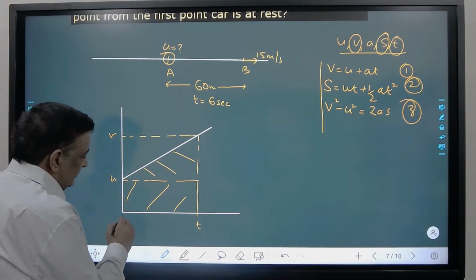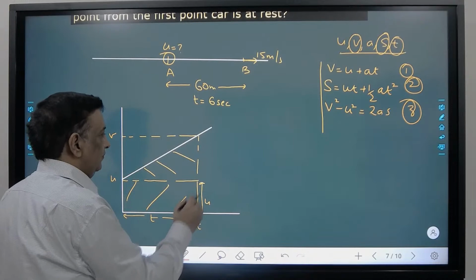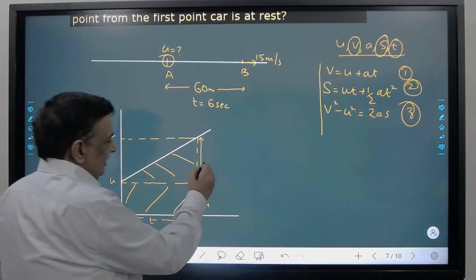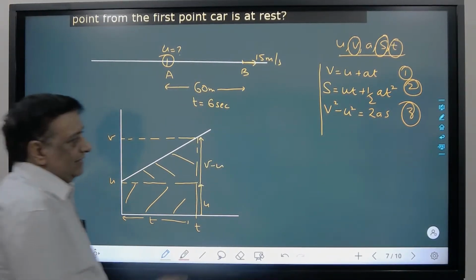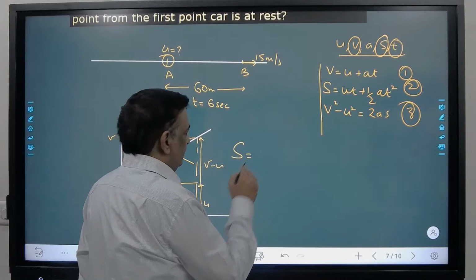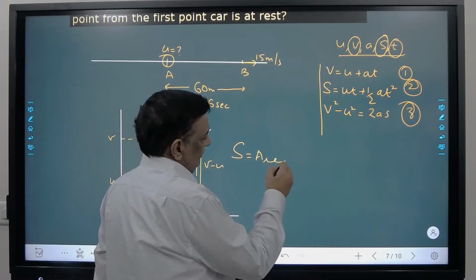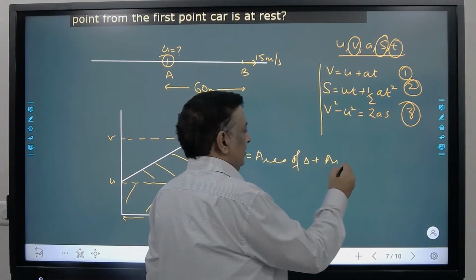Now this side is t, this side is u. This whole is v, this is u, so this side is v minus u. So we say distance traveled or displacement is area of triangle plus area of rectangle.